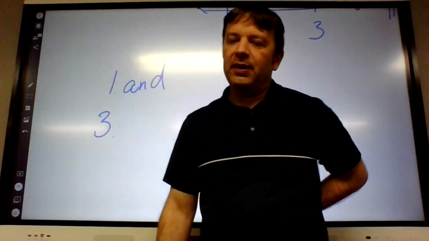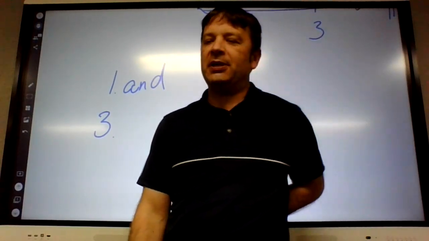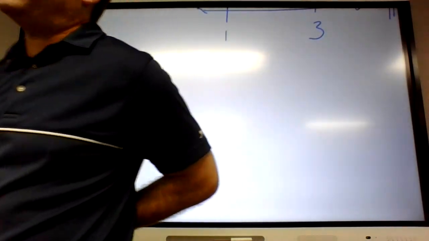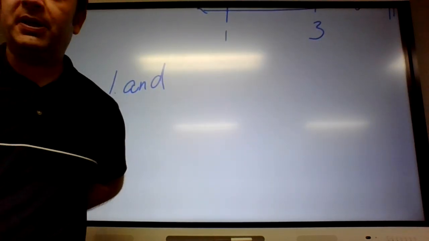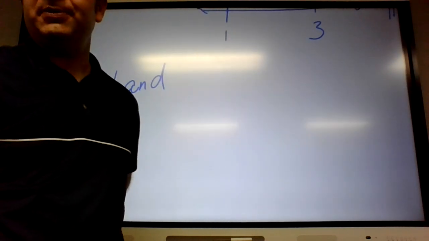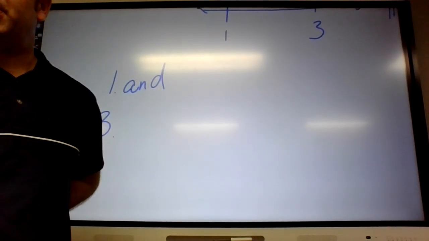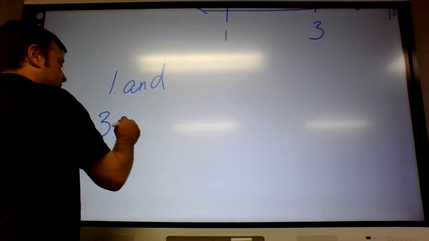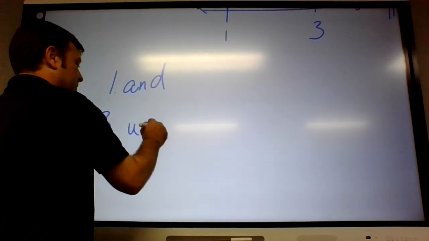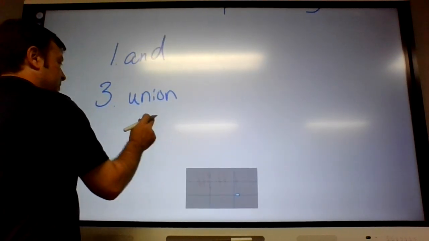Okay. 3 and 4, we did not talk about these 2 words. I don't really care about these 2 words, but we'll go ahead and write it down so we don't leave any blanks in here. The solution to a disjunction is the blank of the 2 sets. That's called a union of the 2 sets.